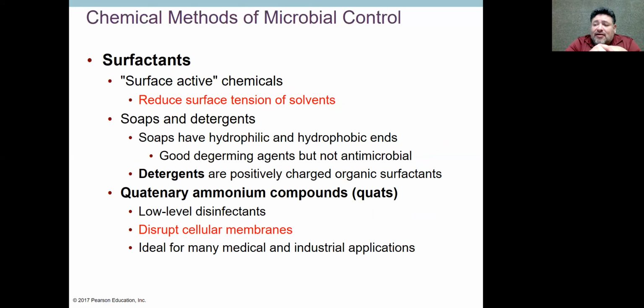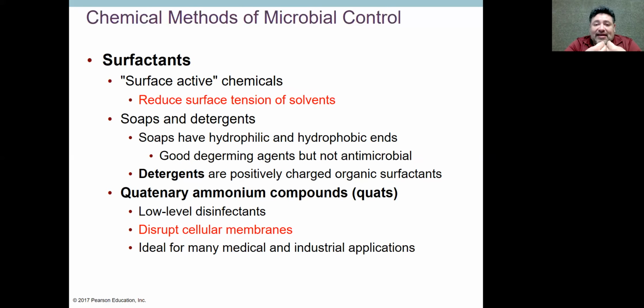Surfactants, okay? This is a topic that I find amusing because people believe that surfactants sterilize material, and that is not true, okay? Why am I telling you this? When you're at home and you're washing the dishes with detergent, that detergent is primarily a surfactant.